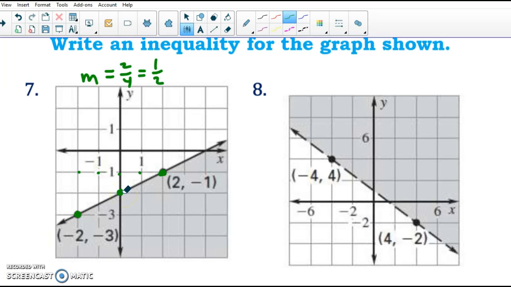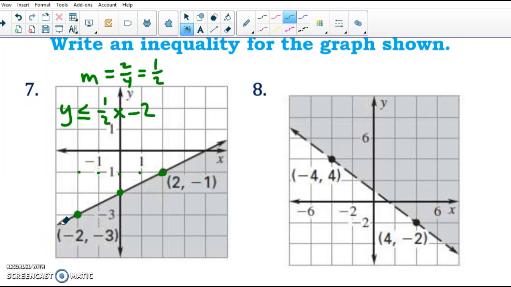So my equation, because I have a solid line, is going to be y is less than or equal to mx plus b. M is 1/2 and my b is -2. So my boundary line is giving me all of my information for writing my inequality for the graph.